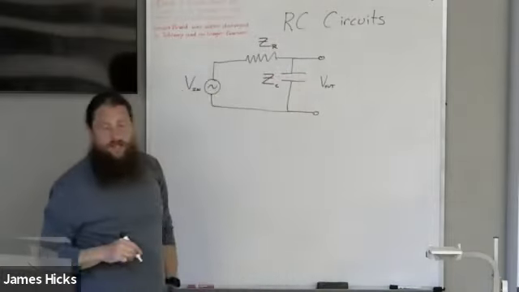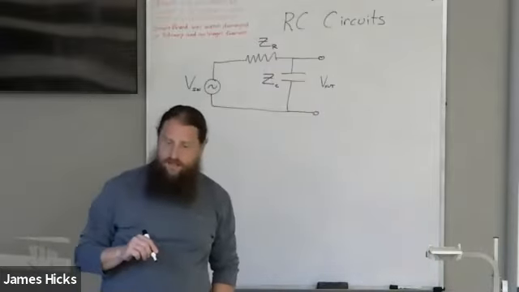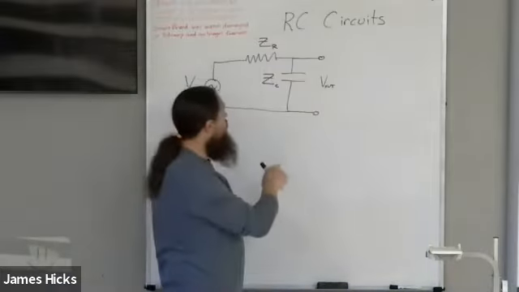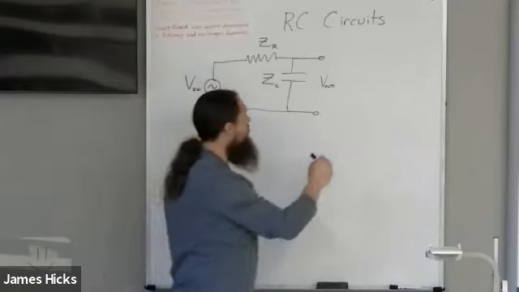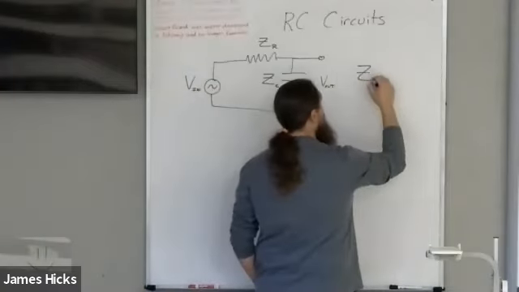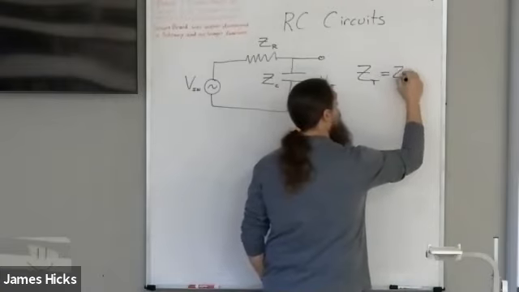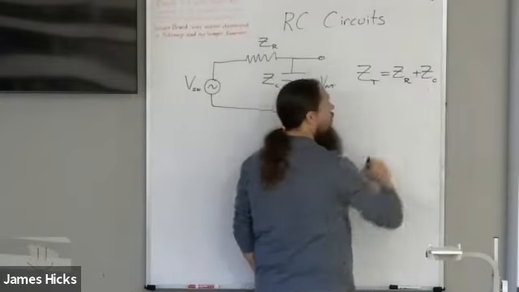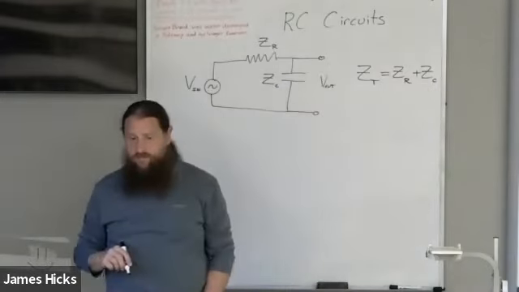Both the resistor and the capacitor have an impedance. And I know that for two things in series, all I have to do is add up their impedances.